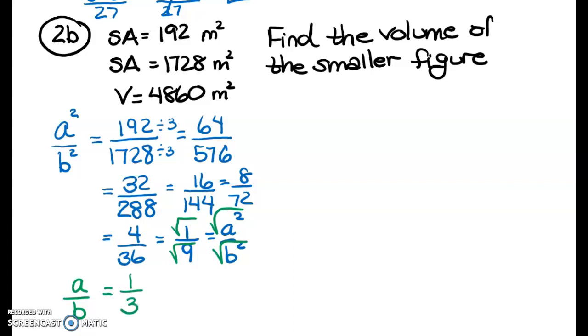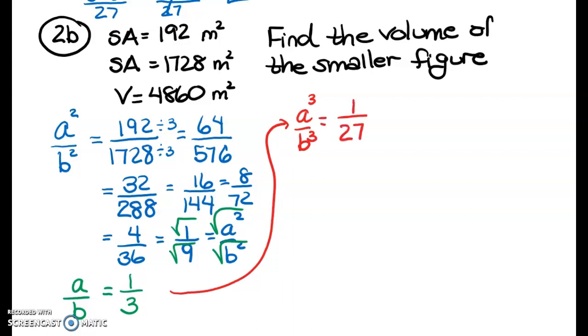I get 1 over 3. So now I need to find a cubed over b cubed. So when I cube 1, I get 1. And when I cube 3, I get 27. And this is where I can set up my nice proportion.